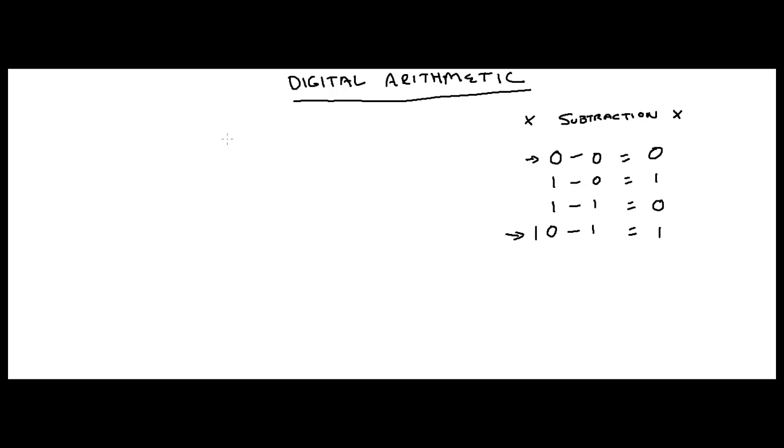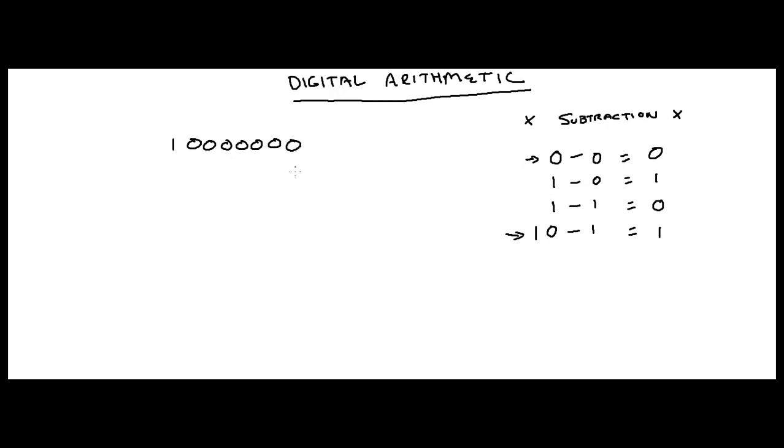So let's try another one. Let's say we're going to subtract 0, 0, 0, 0, 0, 4, 5, 6, 7, 8, alright?